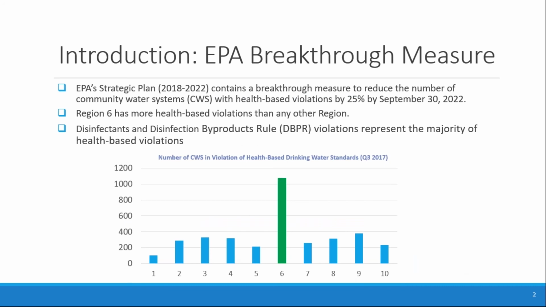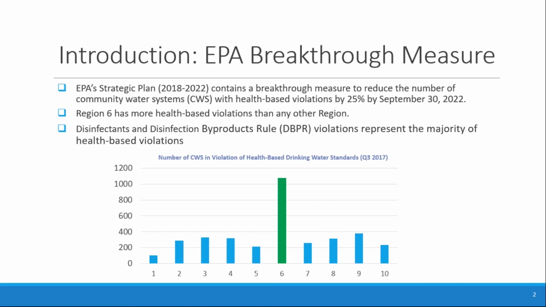So back in late 2017, the EPA came out with a new strategic plan that contained a transformational breakthrough measure. And that was to reduce the number of community water systems that are out of compliance with health-based standards by 25% by September 30th, 2022.